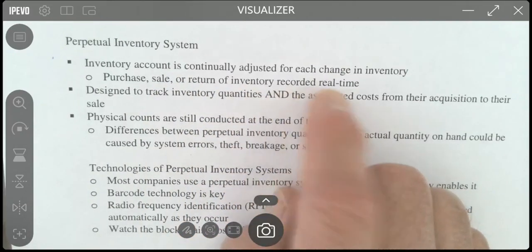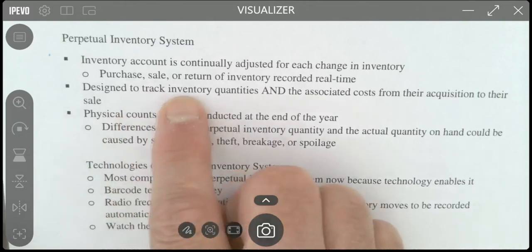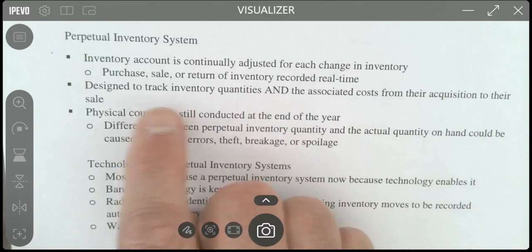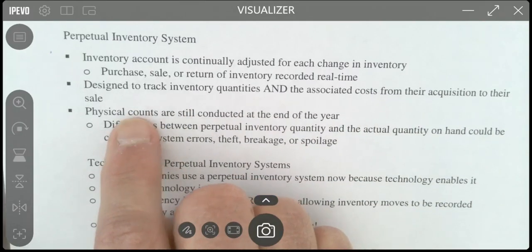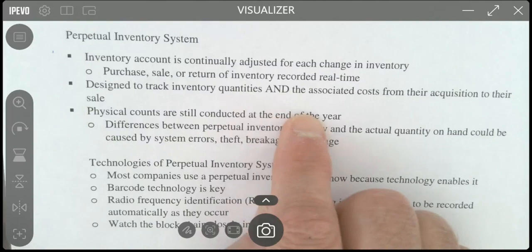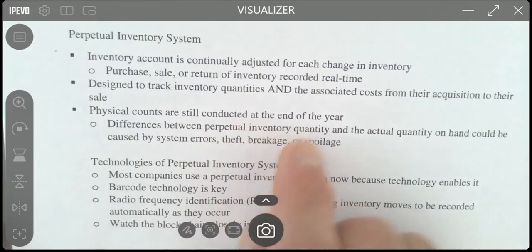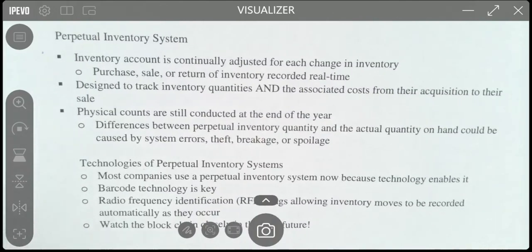They're all recorded real time. It's designed to track inventory quantities and the associated costs from their acquisition to their sale. Physical counts are still conducted at the end of the period. Any differences between perpetual inventory quantity and the actual quantity on hand could be caused by system errors, theft, breakage, or spoilage. We'll talk about all of those concepts.